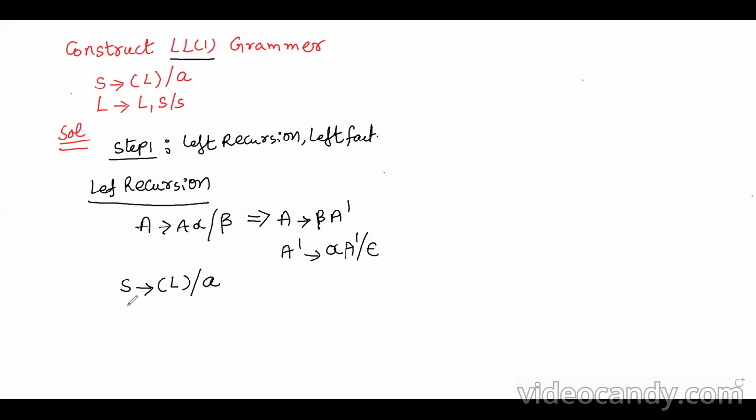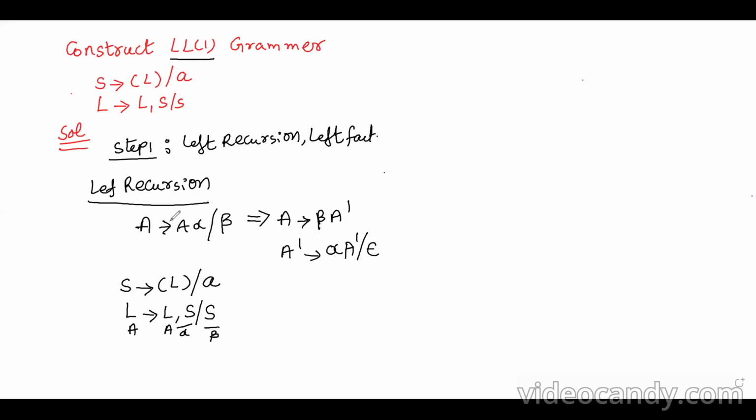But when I say L tends to L comma S slash S, now you see, this is called A, this is called A, and this whole thing is also called A. Then this is called alpha, and this is called beta.